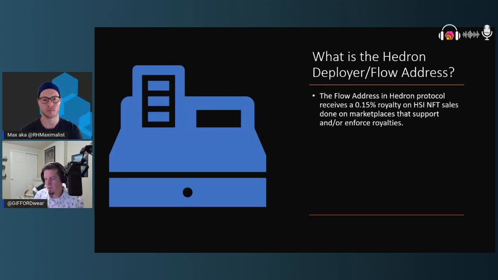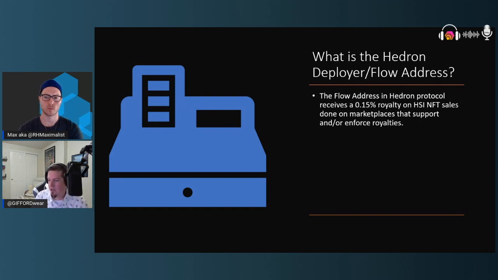Originally, when Hedron first launched, we knew the flow address as the address that was going to receive the royalties of any HSI NFTs that are sold on marketplaces that require a royalty. It's not mandatory at 0.15%.